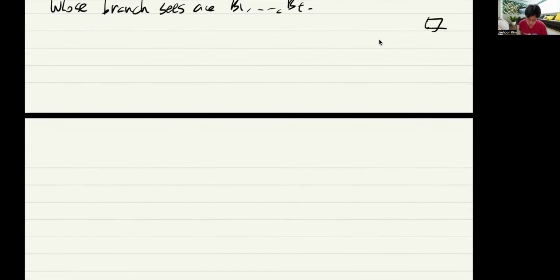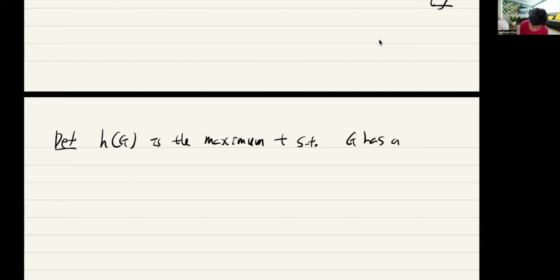And maybe finally, I want to mention Hadwiger's conjecture, which is closely related to this. So in undergraduate classes, we already learned about this Hadwiger conjecture. And we say that the Hadwiger number of G is the maximum t such that G has a K_t minor.